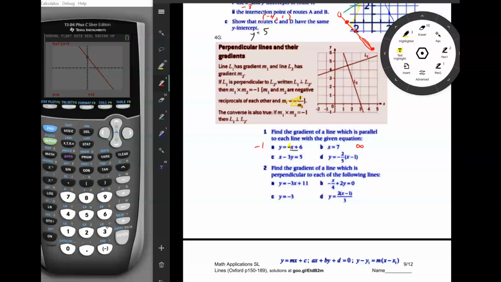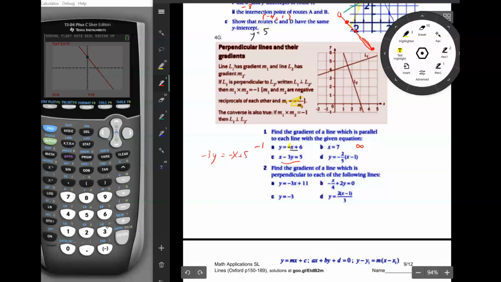Okay, part C. Now for this case, it's hard to see what the slope is because it's in kind of a weird form here. If we arrange it into gradient-intercept form, it's a little bit easier. So let's put the y by itself on one side. First we'll subtract x from both sides, so we get this, right?